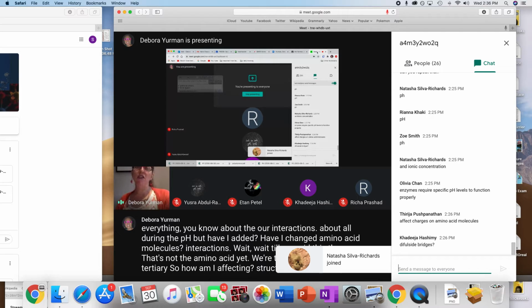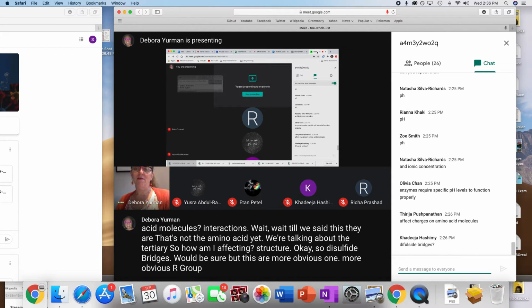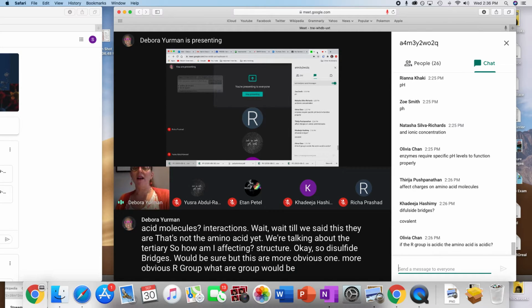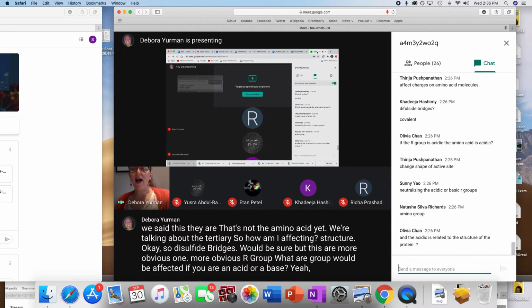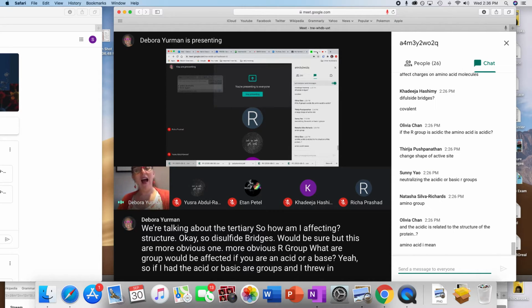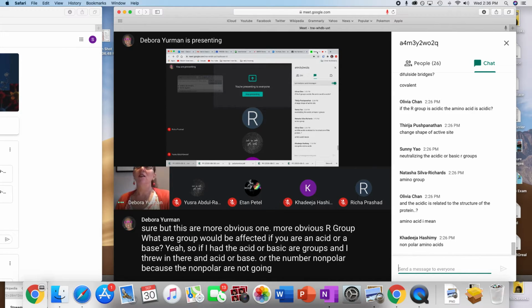Okay, so disulfide bridges? Could be, sure, but this is a more obvious one. More obvious R group. What R group would be affected if you add an acid or a base? Yeah, so if I had acid or basic R groups and I threw in an acid or a base, not the nonpolar, because the nonpolar are not going to react with an acid or a base.